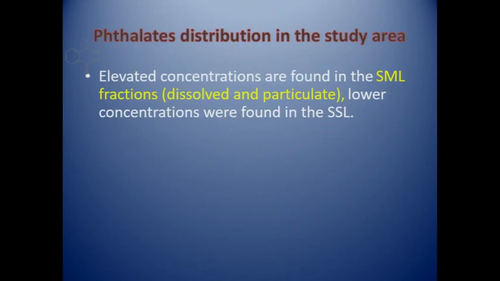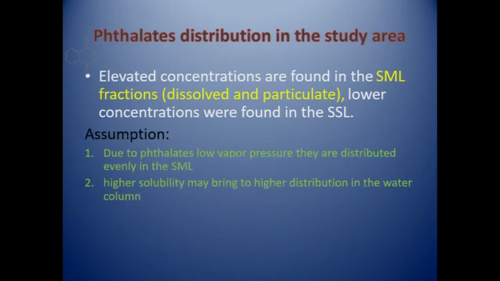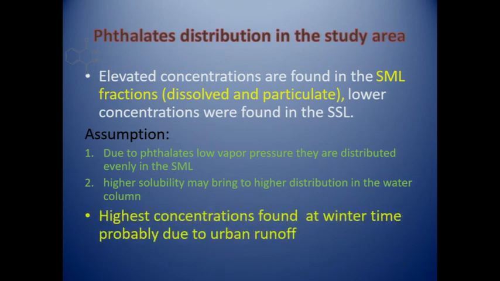It was found mainly in the SML, floating in the microlayer, but some was found also at 1 meter depth. And eventually, they have higher solubility, so it makes sense. But they have lower volatility, so they never evade to the air. Highest concentrations were again found in the winter time.